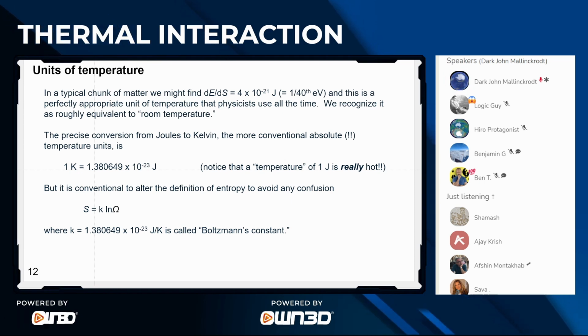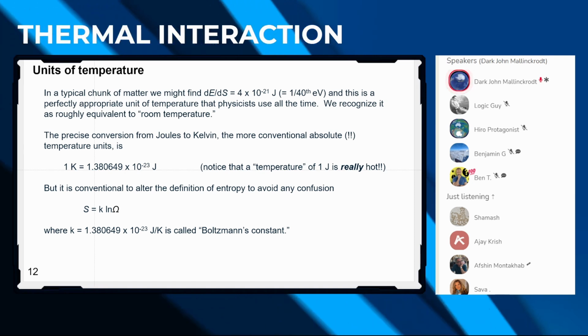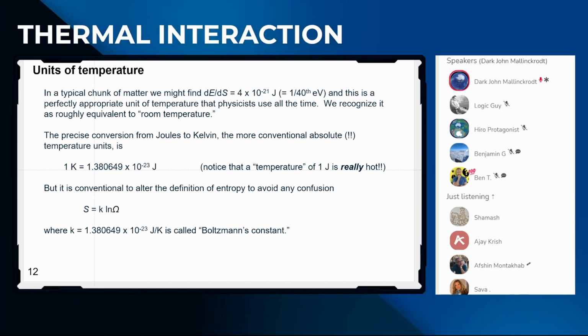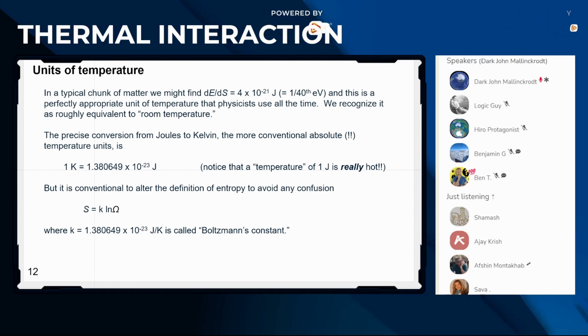Remember that we decided that we were going to let temperature be 1 over the slope. So down there at energy, if you look at the graph on 13, down there near energy equals 0, the slope is pretty big. And so 1 over the slope is pretty small, technically getting close to 0. It's positive, but close to 0.